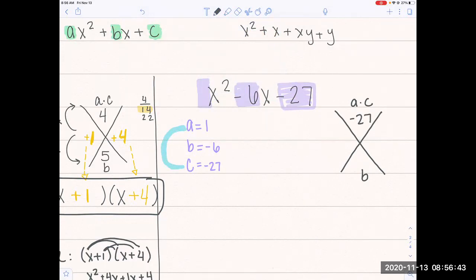And then B is negative 6. And so I'm looking for two numbers that multiply to negative 27 and add to negative 6. I'm going to list off the numbers that multiply to 27: 1 and 27, 3 and 9.